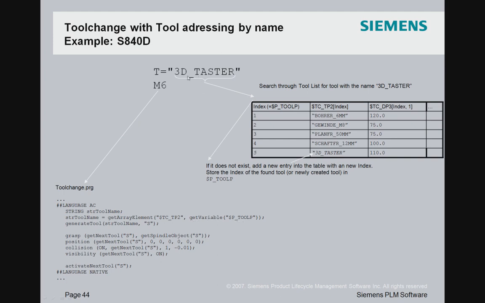So for the example above, this will contain 5, so we will get access to $tctp2 and index 5, and that will contain 3D Taster, so this means the tool name will be 3D Taster, and then we can generate this tool and locate it in the machine tool view from the ONT and take it from there. So like I said, the CCF file for the 840D includes a mechanism that also handles tool names as strings.